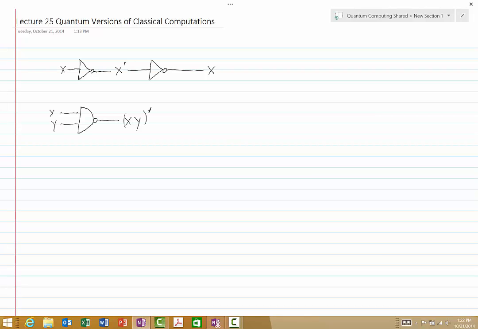Well, simply from that one value, xy complemented, you cannot figure out what x and y separately were. So we'll say this first case is reversible, but the second one is not reversible.